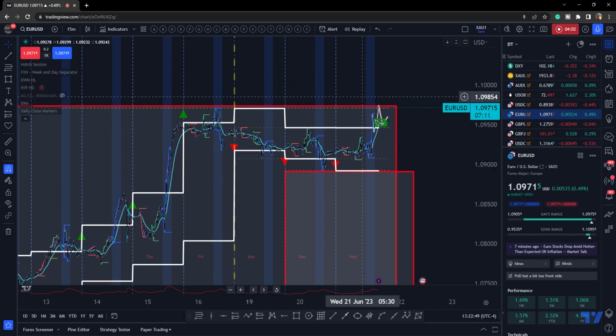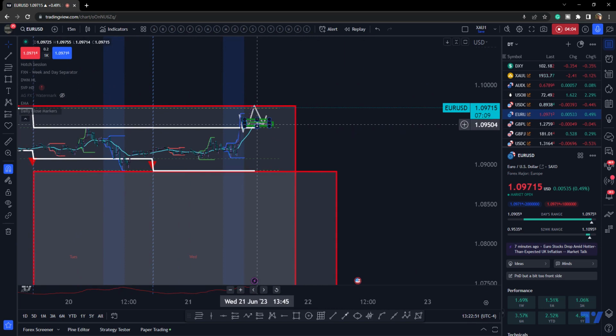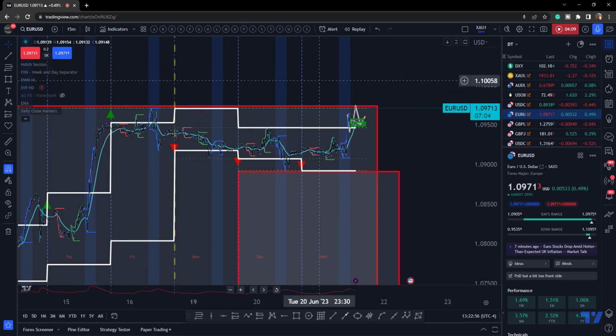And therefore, on a potential pullback, maybe this trend can continue higher.